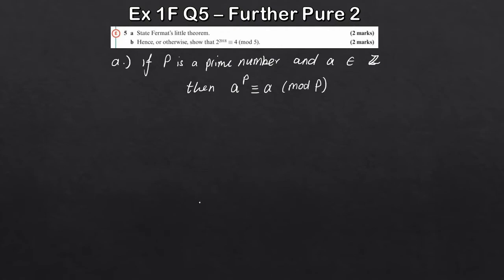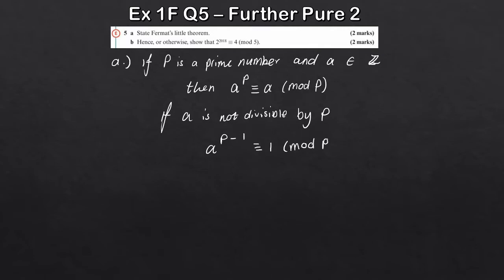Okay, but we've got to be careful here, because if a is not divisible by p, then we write this in a slightly different way. So the way we write that is a to the p minus 1 is congruent to 1 mod p. Just got to be very, very careful for that there, okay? But that's just our definition. So it's basically giving the idea of what's going on. So we're just giving the mathematical formula.